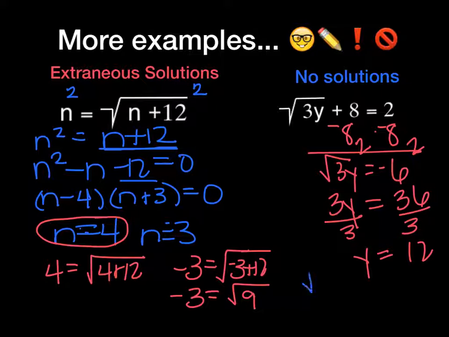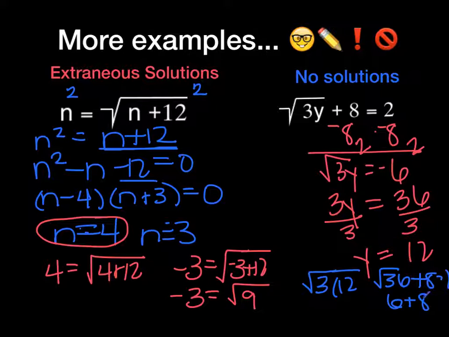That would mean the square root of 3 times 12, which is the square root of 36, plus 8 is equal to 2. Well, the square root of 36 is 6, plus 8 is not 2. So that is a radical equation with no solution.